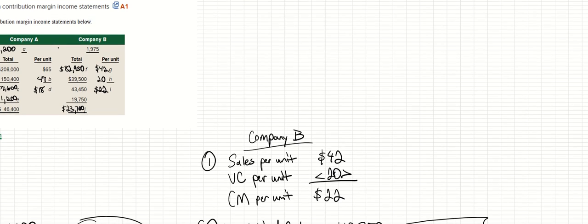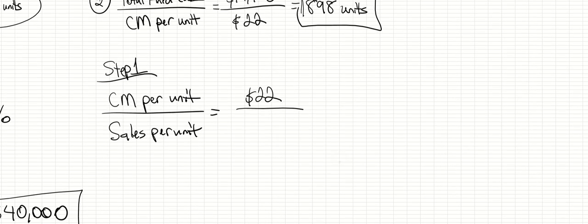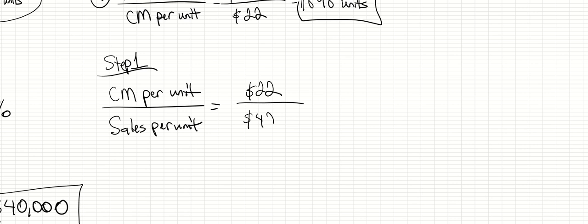Sales per unit for company B is $42. So 22 divided by 42 gives us 0.52380954. So I'm just going to make this 52%.